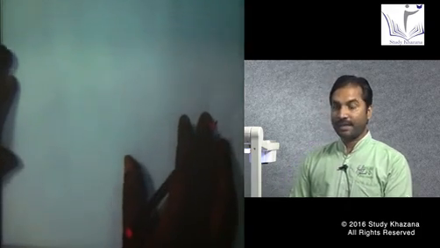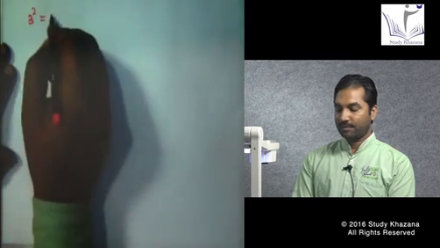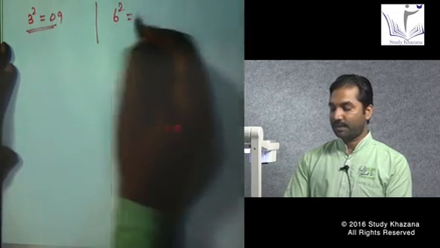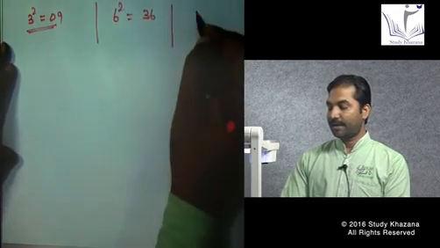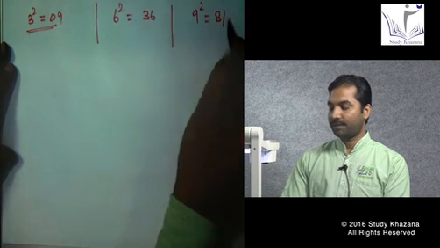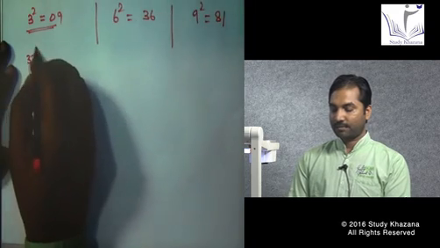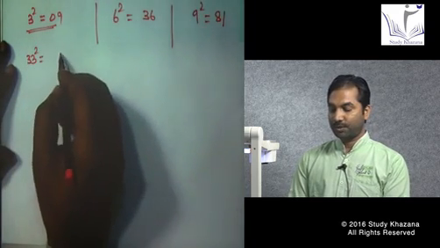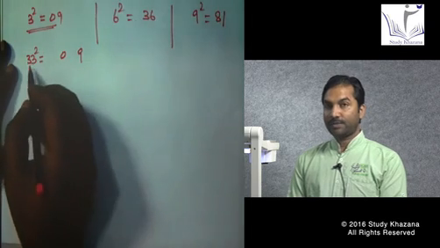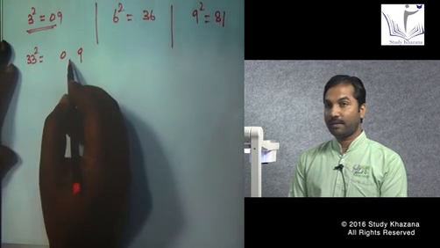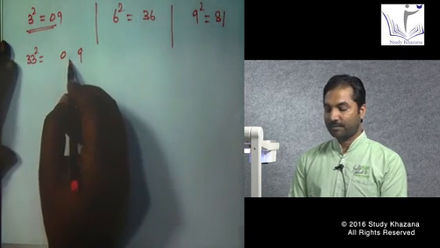Now in case of 3, 6 and 9, we can do it like this. 3 square is 09, 6 square is 36, and 9 square is 81. Like we have to take 33 square. First of all, write 0 and 9. Here there are 2 threes, so we have 1 space, 1 less than the number of 3s, like this.